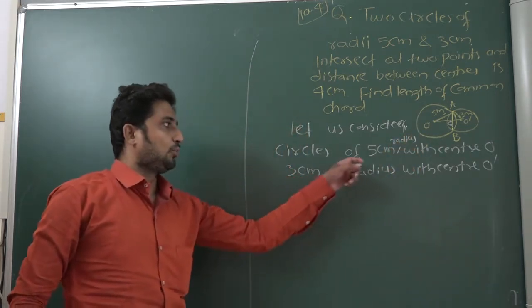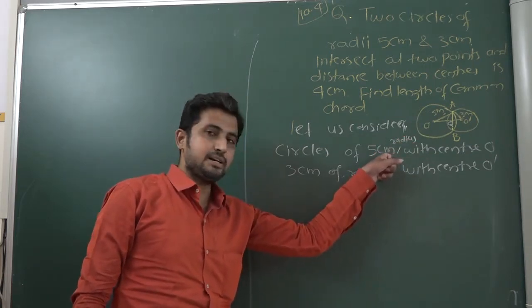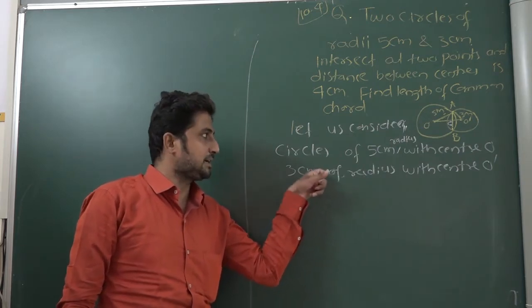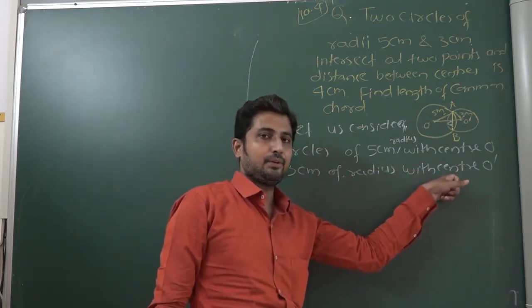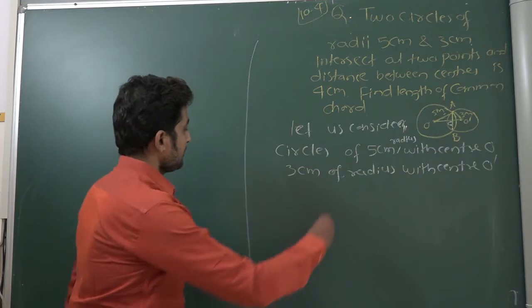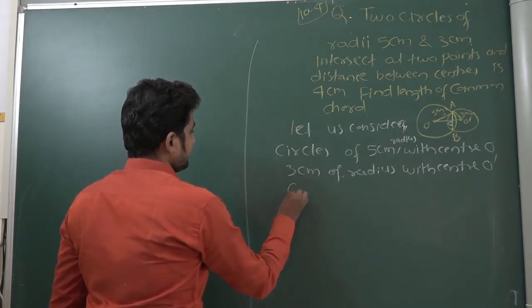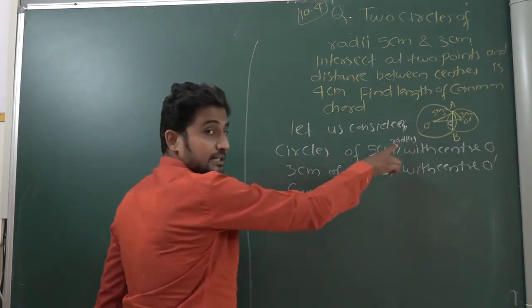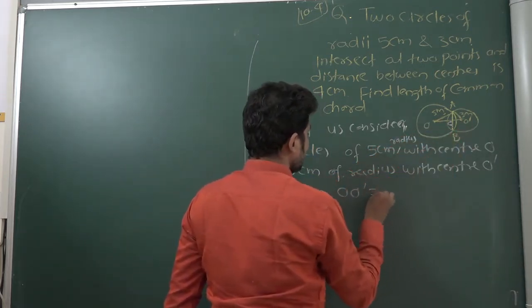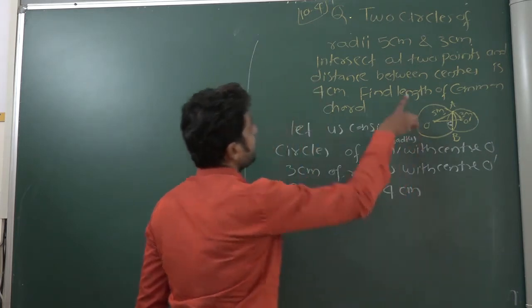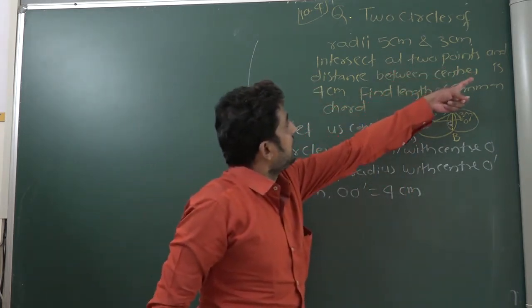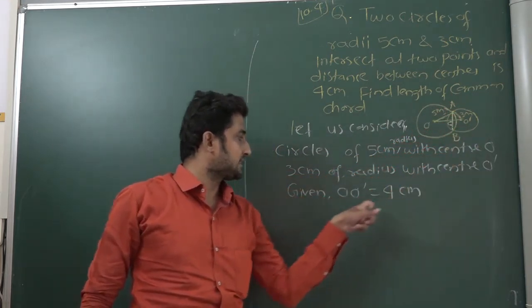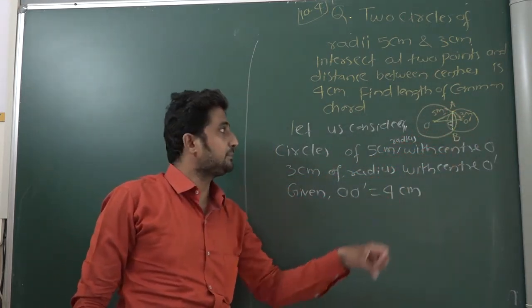One circle has 5 cm radius with center O, and one circle has 3 cm radius with center O dash. It is given that the distance between the centers, O to O dash, is 4 cm.